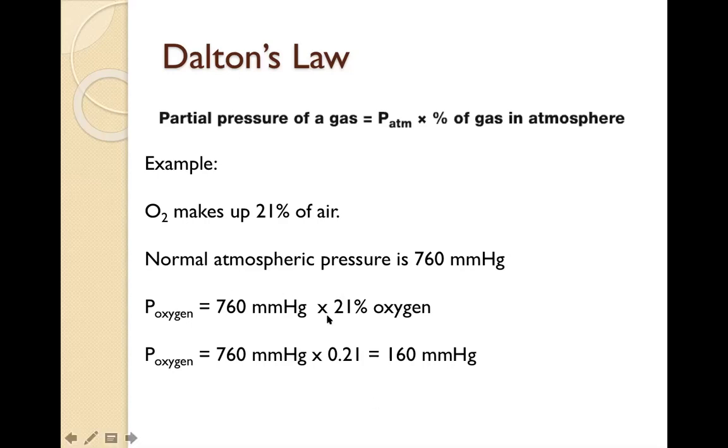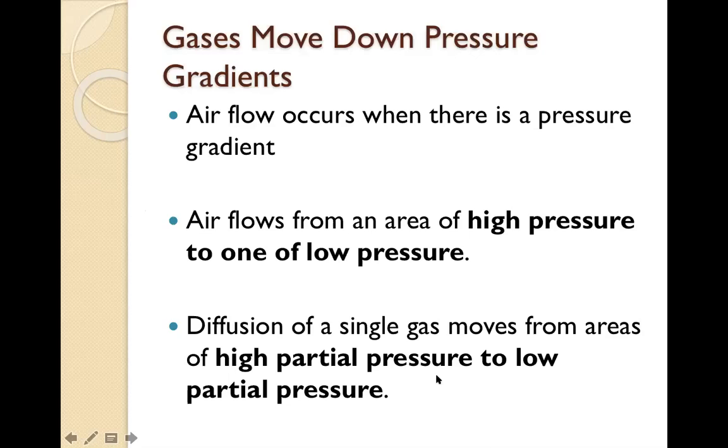Instead of multiplying by 21%, you'd multiply by 78%. After you determine the pressure of each gas, if you add them up, you should get the atmospheric pressure. Dalton's law is just saying that the overall pressure of a mixture of gases is just the sum of the individual pressures of each gas within the mixture. So those are the gas laws that are really important in this section of the course.